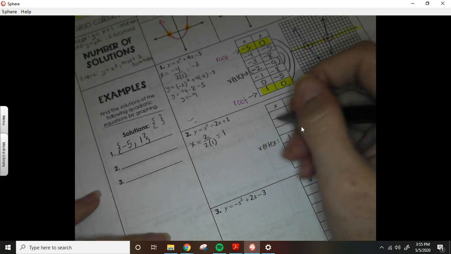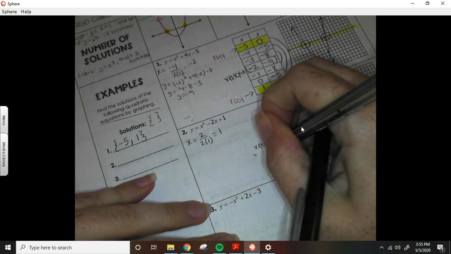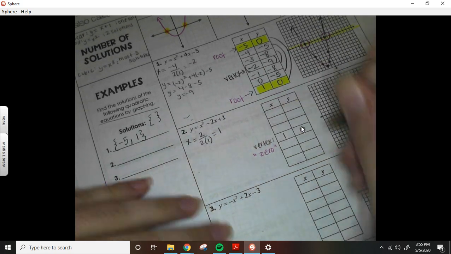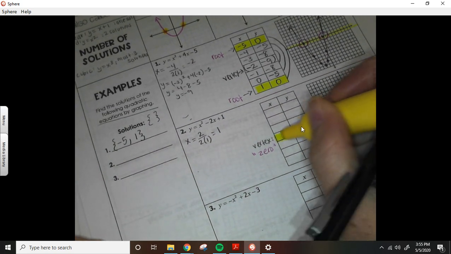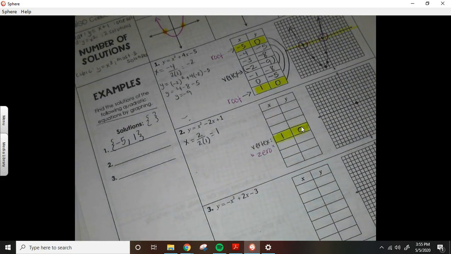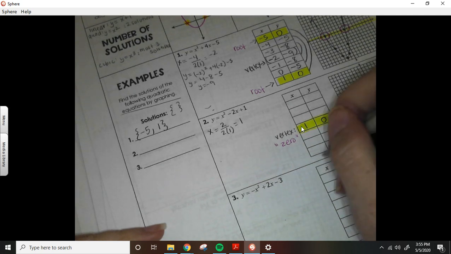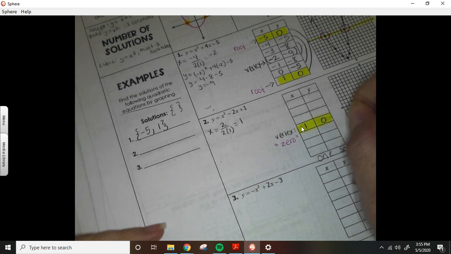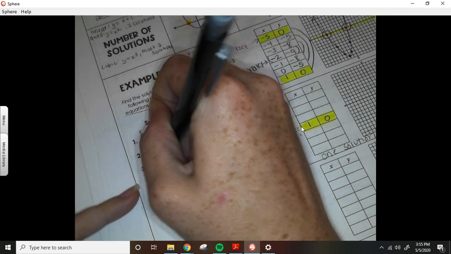This is also our 0. So I can highlight this and tell you that this special point is not only our vertex, but it's also our 0, and this one's only going to have one solution because it's not going to hit the x-axis again.